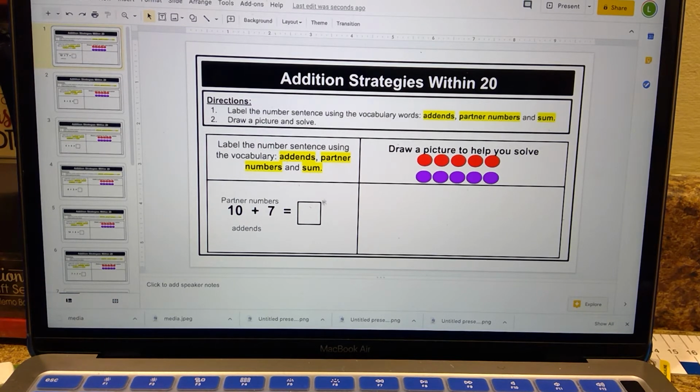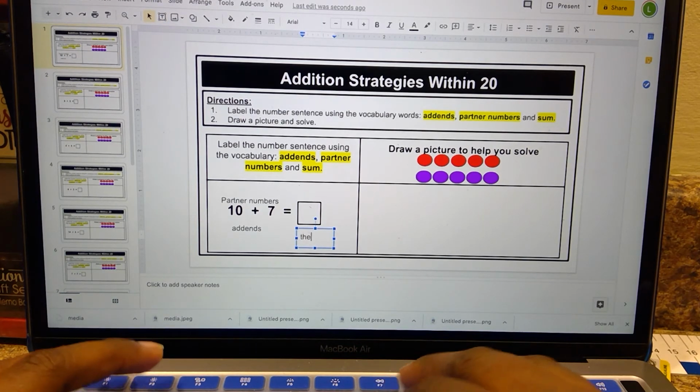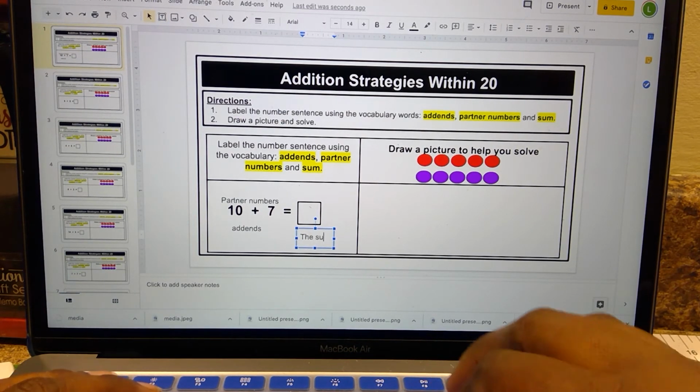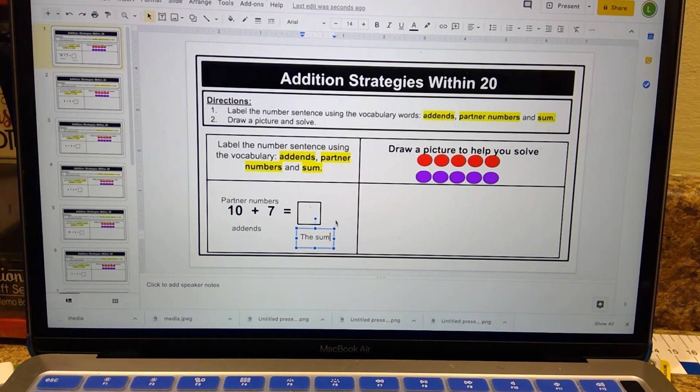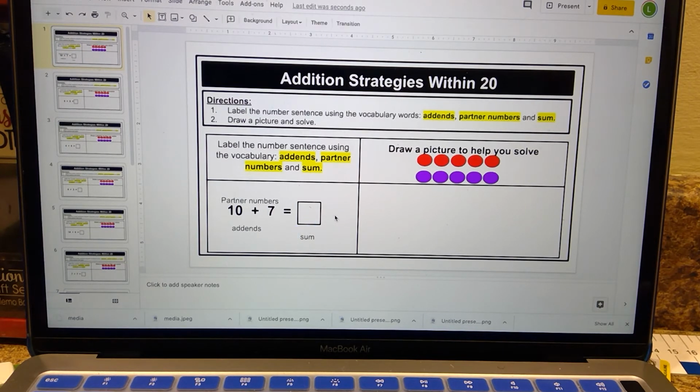And I know this big box is what I'm trying to find out, my missing digit or my missing number. That means that is the sum. So now I drew a box and I wrote a label for sum, okay? And I'm going to actually take the word the out. It doesn't have to say the sum, just sum.